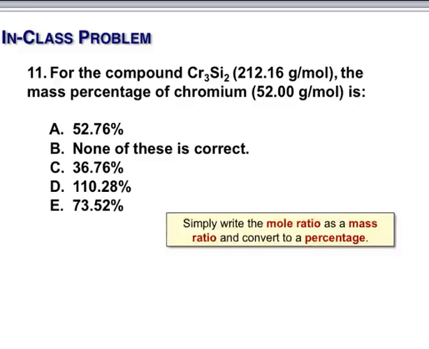Our mole fraction, mole ratio, in every chromium to cyanide, something like that. And every one of those guys, we have 3 chromiums for every one of these guys, right?